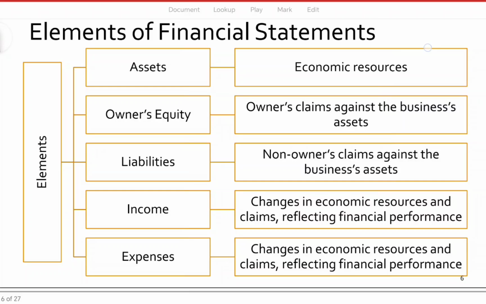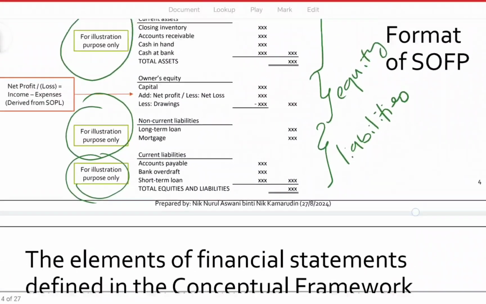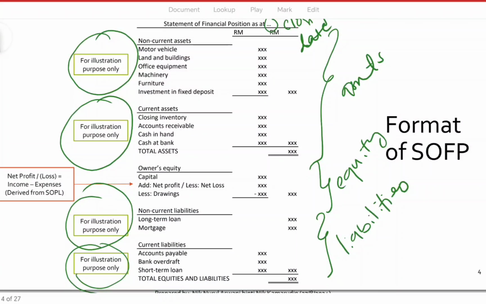As we can see, the statement of financial position is actually separated into 2 sections. The first one is where you get the sum or total of asset. And then at the bottom of the statement of financial position, we have total equities and liabilities.